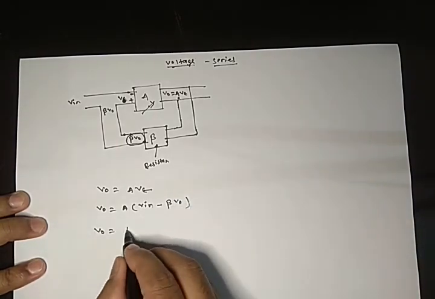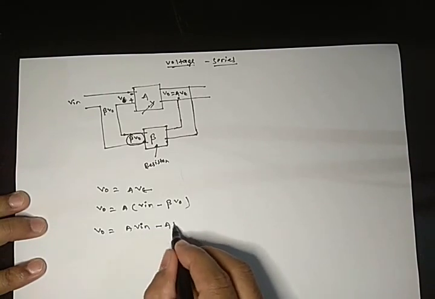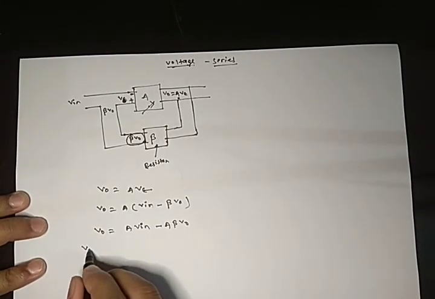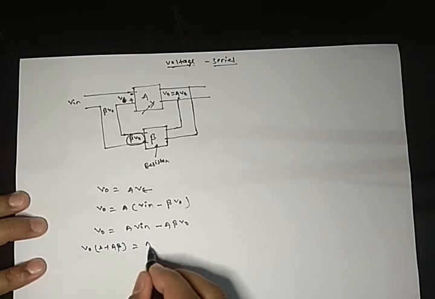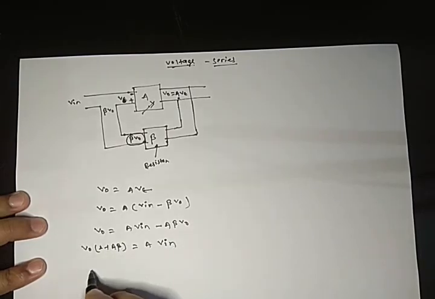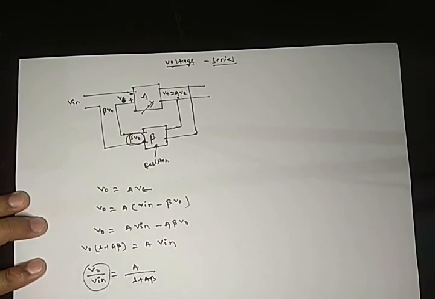Now V0 is equal to A into V in minus A beta V0. Beta V0 is equal to 1 plus A beta A V in. Now V0 by V in is A by 1 plus A beta. Now again this is a gain, this is called closed loop gain, A by 1 plus A beta.